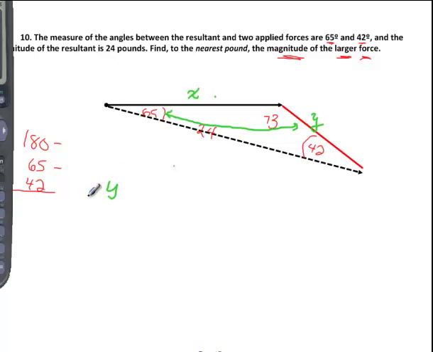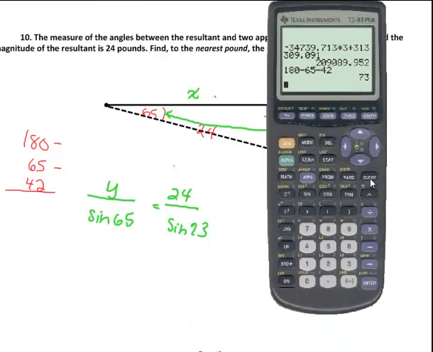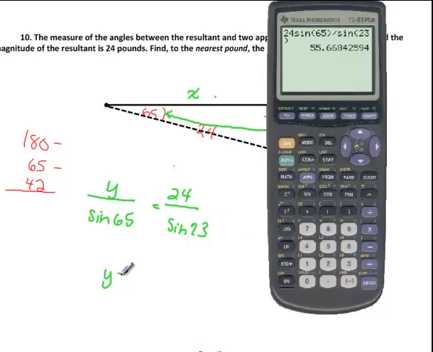So Y is to the sine of 65 as 24 is to the sine of 73. Okay, bring my calculator out, do my math. 24 sine 65 divided by sine of 73 tells me my larger force is 56, because it said to do it to the nearest pound.